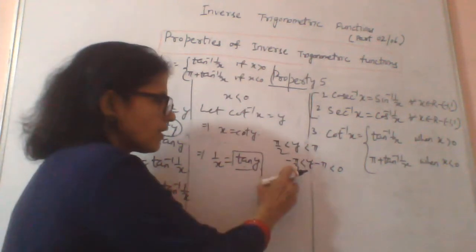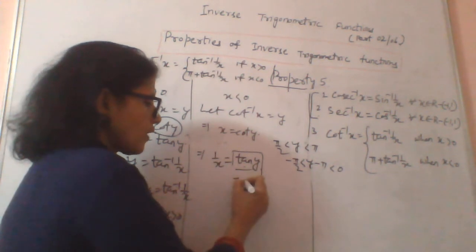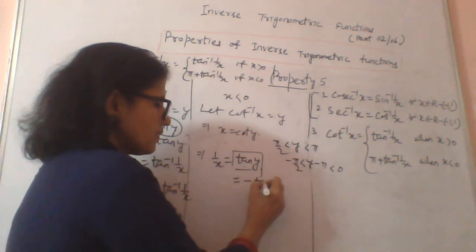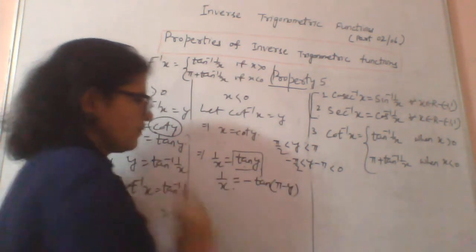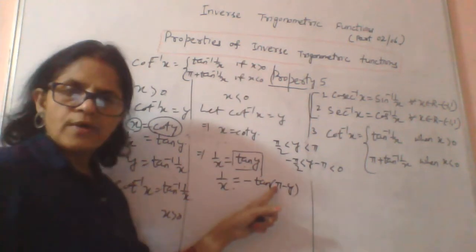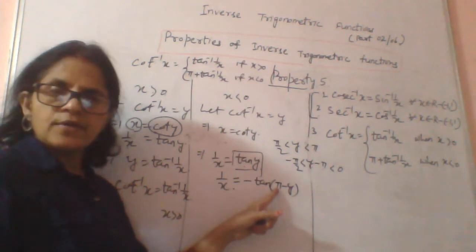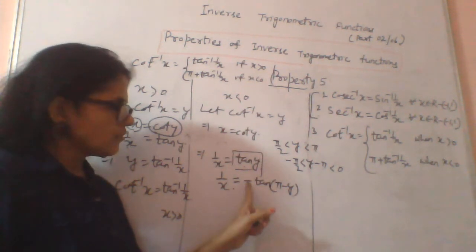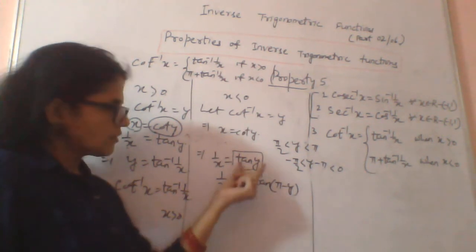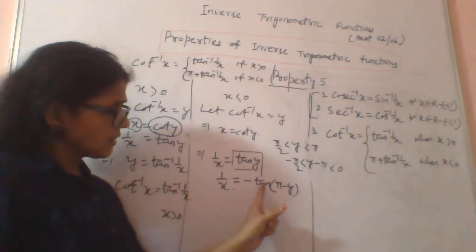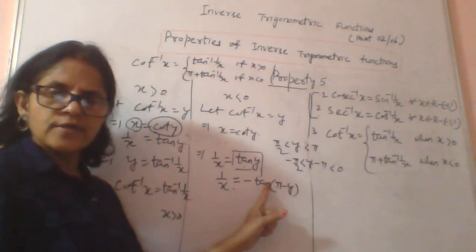If I write tan y equal to minus of tan of pi minus y, that is fine, because pi minus y being in second quadrant, tan of pi minus y is minus tan y, so minus of minus tan y is tan y.